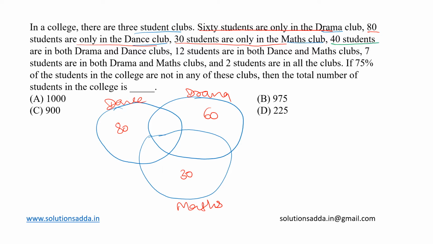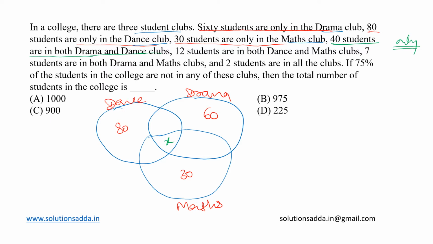Now they are saying 40 students are in both drama and dance clubs. Now here they have not used the word only, which means out of these 40 students, there may also be some who belong to all the 3 clubs. So we assume here we have X, which means the students belonging to all the 3 clubs.